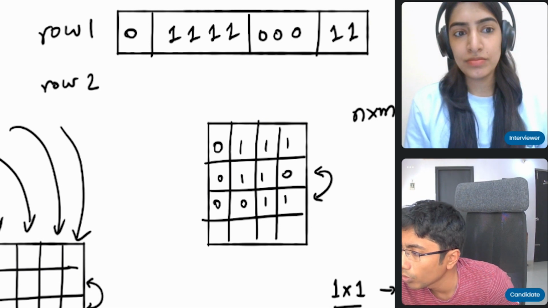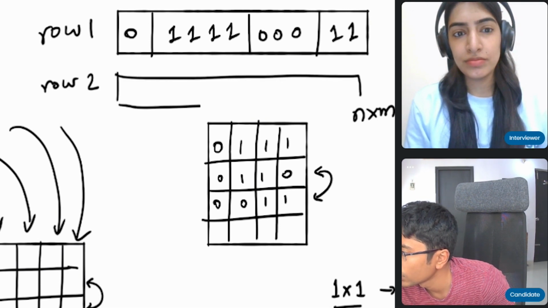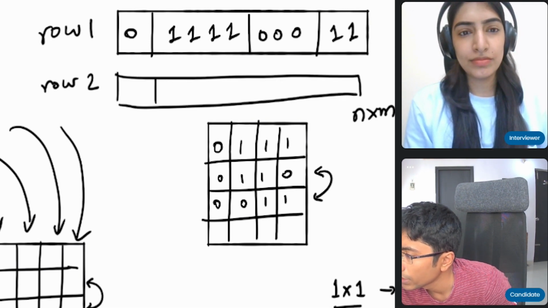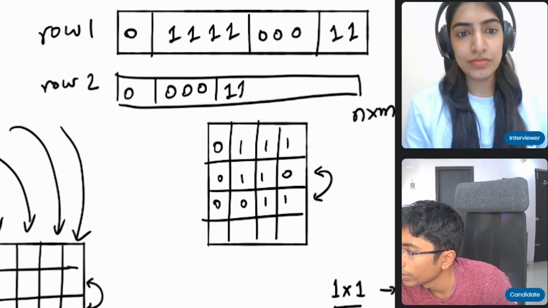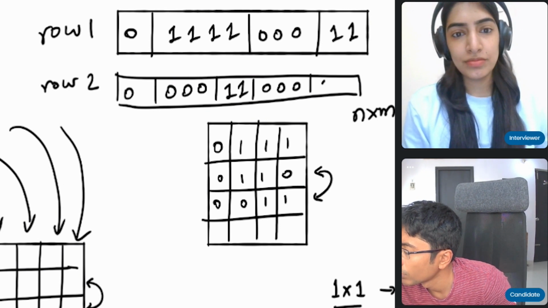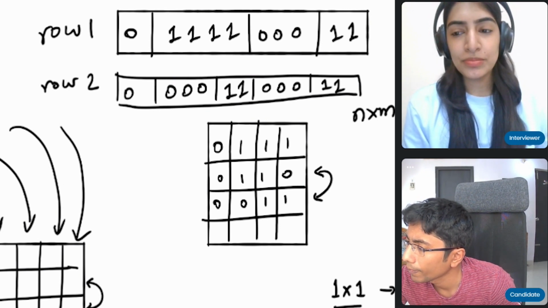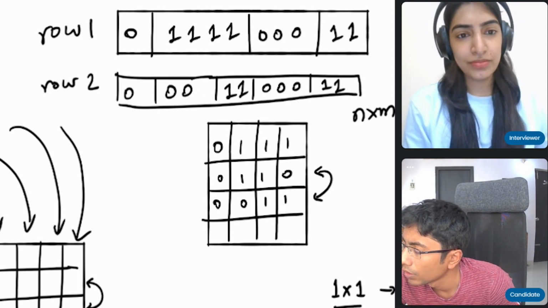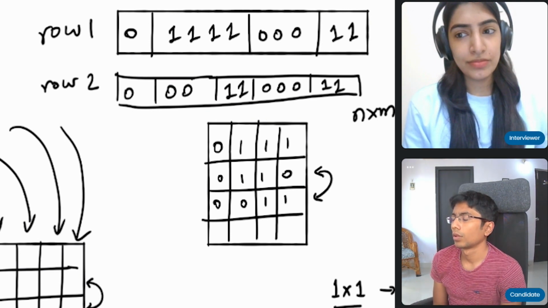These two might not be row 1 and 2, they might be different sections. So this has 0, this has 0 0 0 1 1 0 0 0 1 1. Is this helping me?